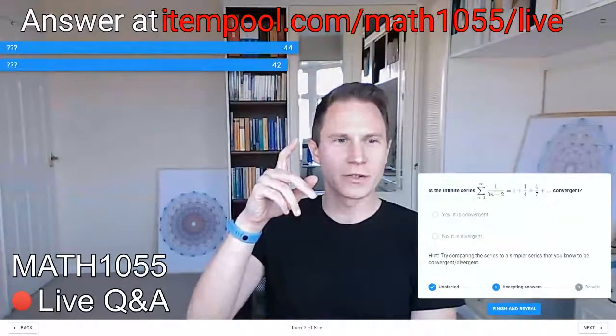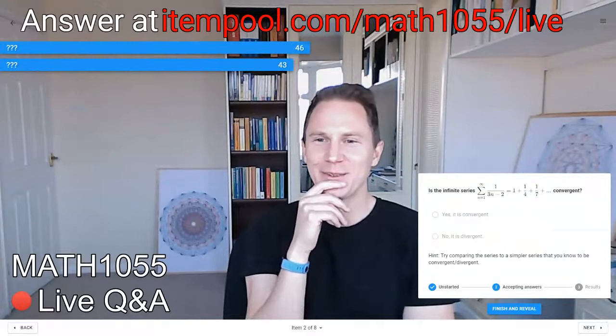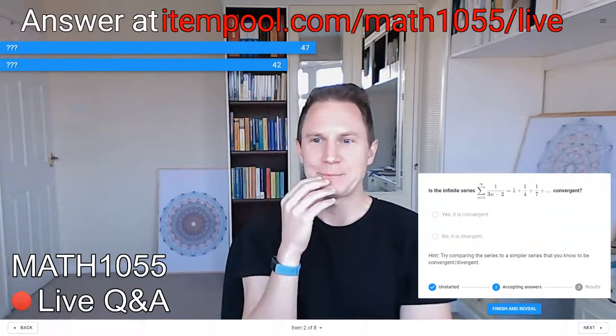Okay, so I see it's kind of funny that we have almost the same number of votes for the two possibilities, and actually one just overtook the other one. I don't know if you noticed. Yes, well, I don't want to talk about politics in these sessions, but it's really interesting to see that.